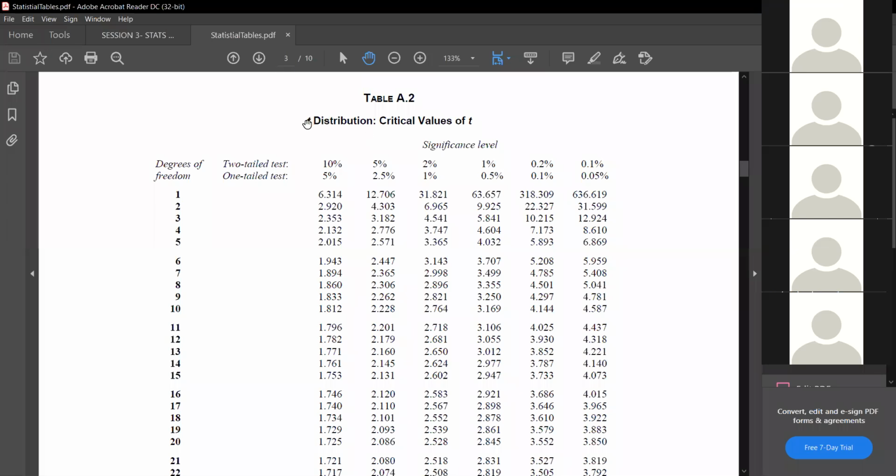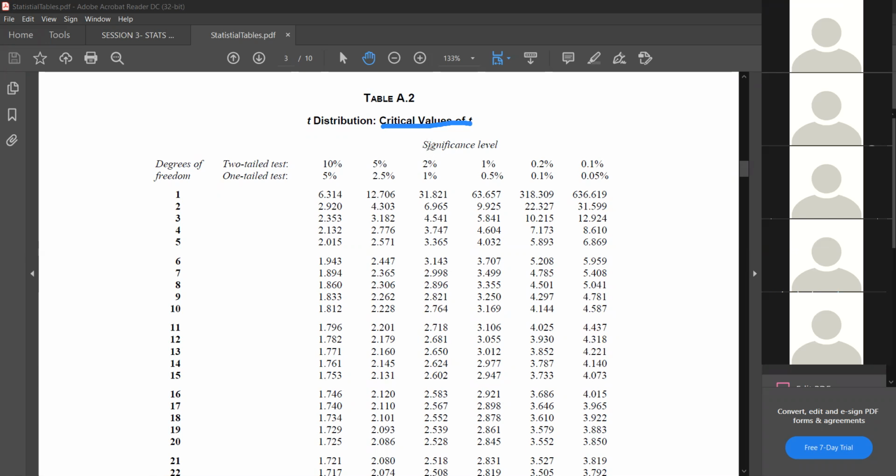And for the critical values of t, I told you we use three key things. We need the degree of freedom, whether the hypothesis is directional or non-directional, and the level of significance. So this is the level of significance. And when you check, they've indicated critical values of t. So it means this table is what you are supposed to use.